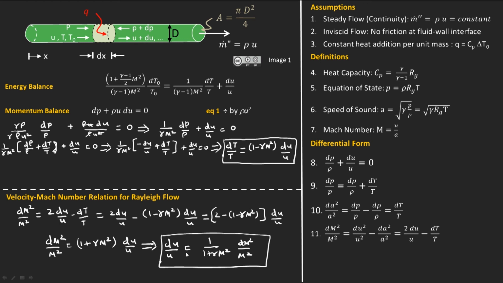And so it should be clear that these relationships of velocity and Mach number are very specific to the assumptions that we have made along the way to develop them. But again, this is a very useful expression for us, and is much needed to proceed to finish the derivation and express this original equation in terms of just the Mach number and dt naught over t naught. In recognition of its importance, I'll again store this over here.